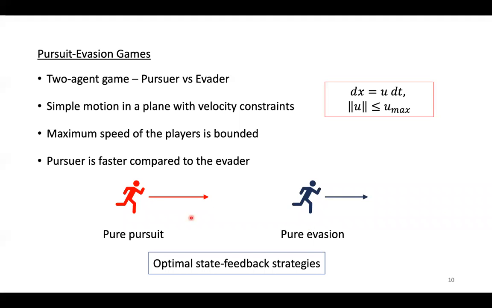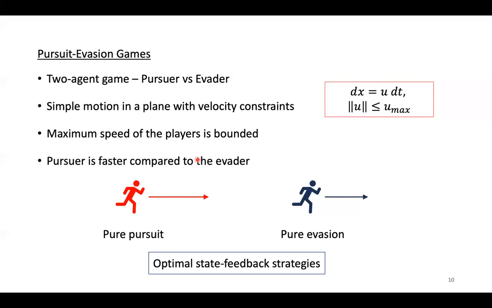And in this situation, the idea is capture exists if the pursuer is faster compared to the evader. If not, the evader can evade indefinitely and there exists no capture. So this is how you characterize the solution for a single pursuer, single evader game where players have simple motion with velocity constraints.